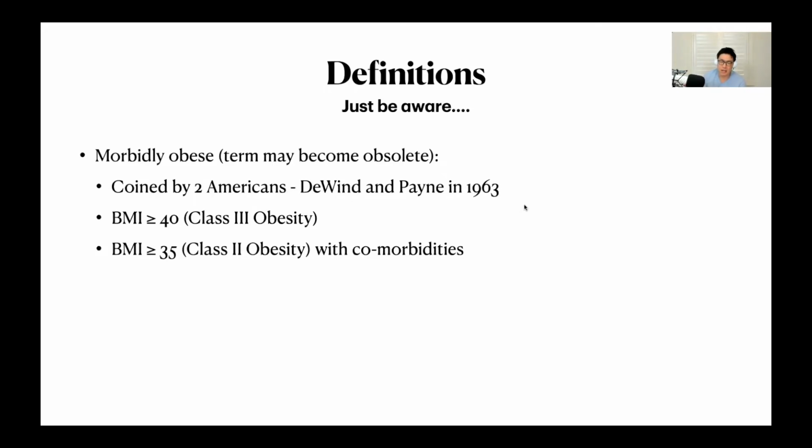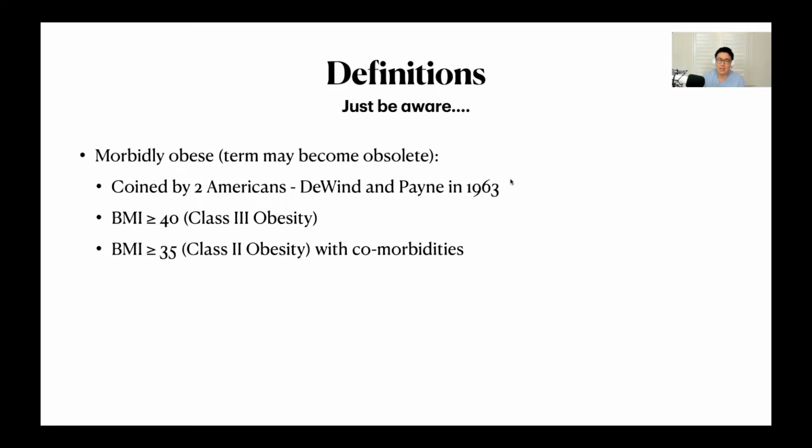Morbid comes from the Latin word morbus, which means disease. They were applying for insurance companies to get this rebated. So they said that a BMI above 40 was considered a disease, which is why they termed it morbidly obese.